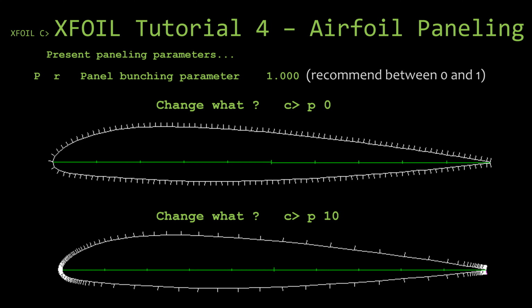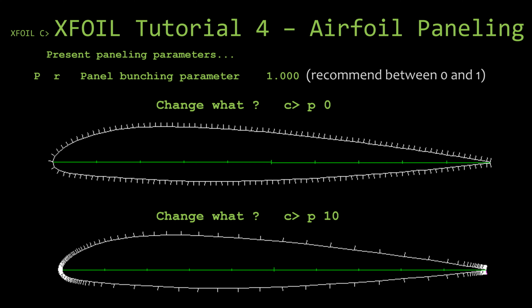This is one of those tricks where you can get some higher quality results without the necessary computation time, because you're placing the panels at the important areas of the airfoil and you're letting it be more sparse on the not as important areas. I went ahead and I chose two different panel bunching parameters to try and show what this parameter does.